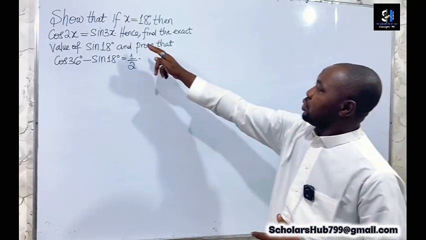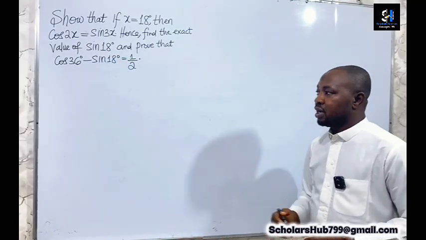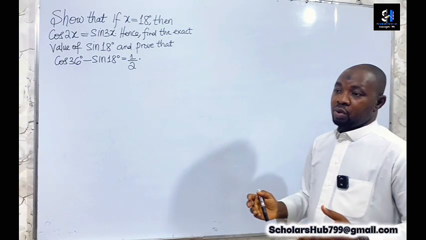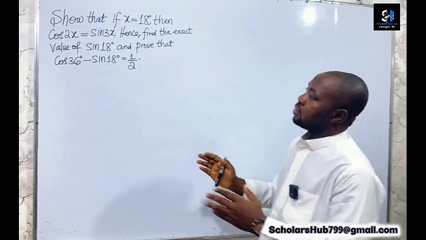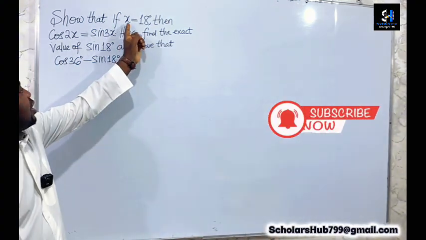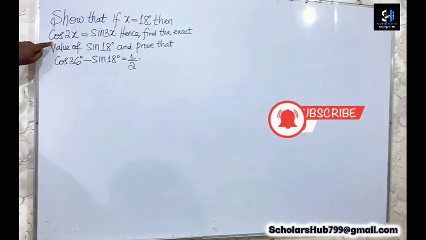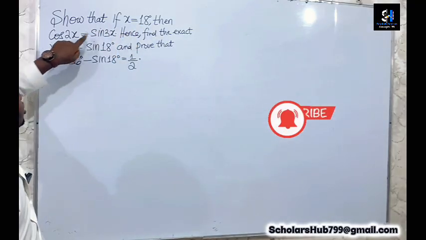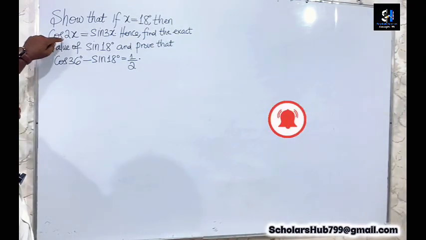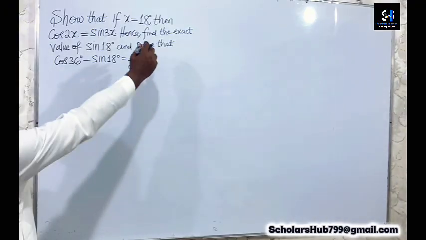Okay, so the next question ends, find the exact value of sine 18 degrees and prove that cos 36 degrees minus sine 18 degrees is equal to 1/2. Okay, so like I said, for the first question, we are asked that if the value of x is 18 degrees, can we show that cos 2 times x, which is 2 times 18 degrees, that will be cos 36 degrees, is equal to sine 54 degrees?